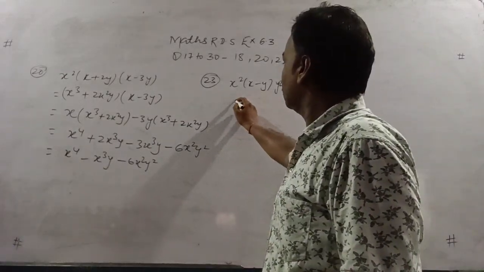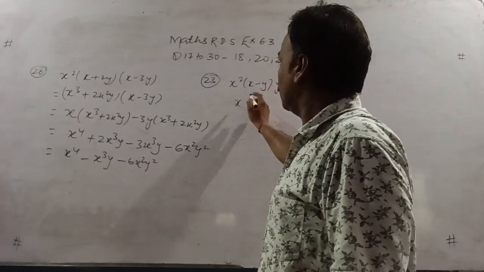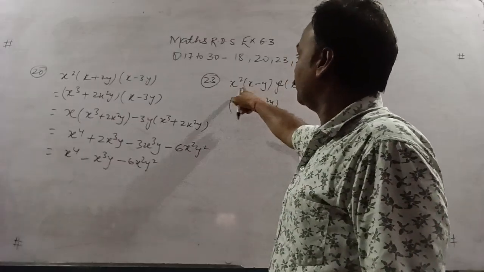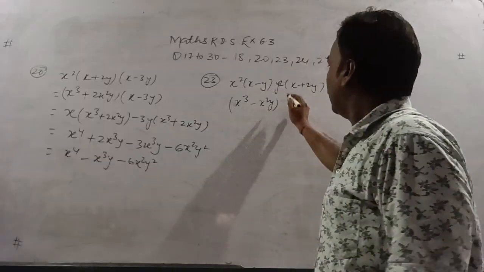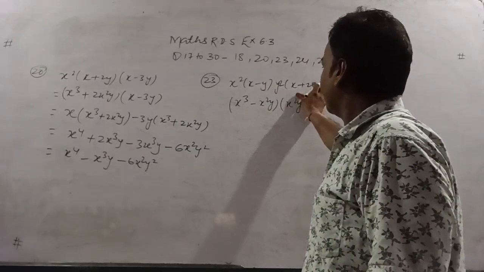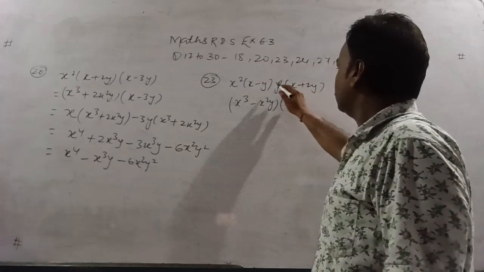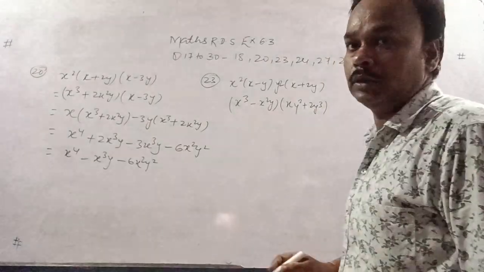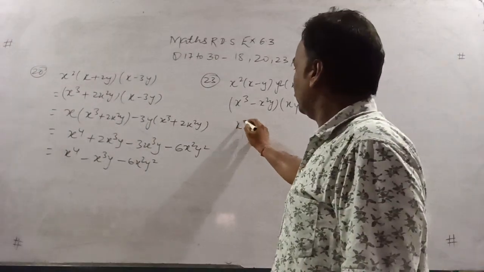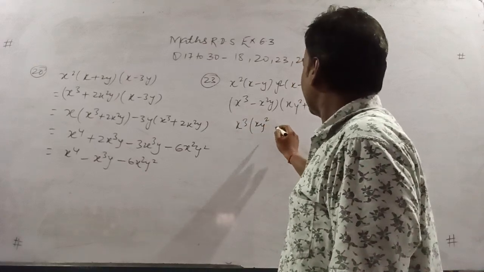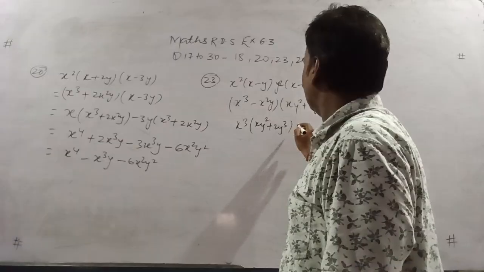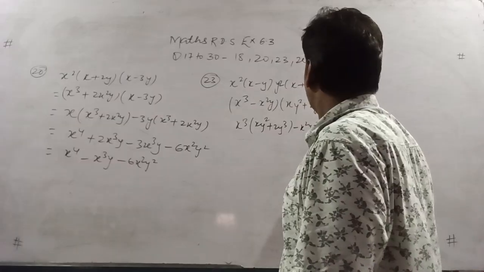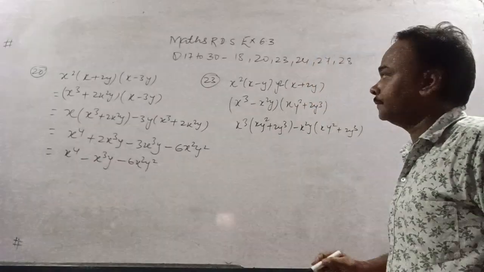So multiply this first. x square into x is equal to x cube minus x square y, and this xy square plus 2 into y cube. Clear? Now x cube into xy square plus 2y cube minus x square y into xy square plus 2y cube. Clear?